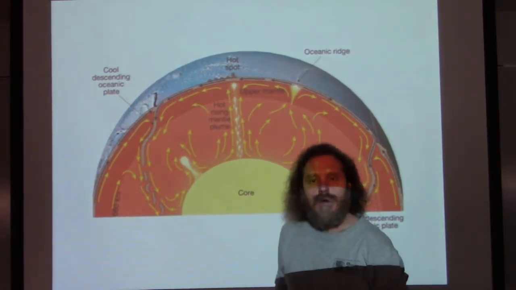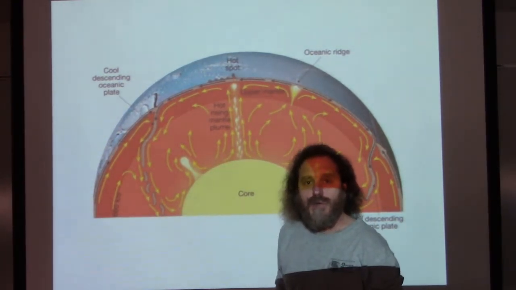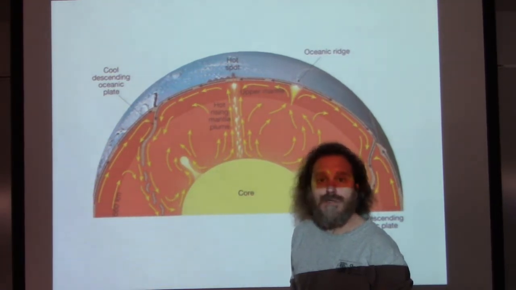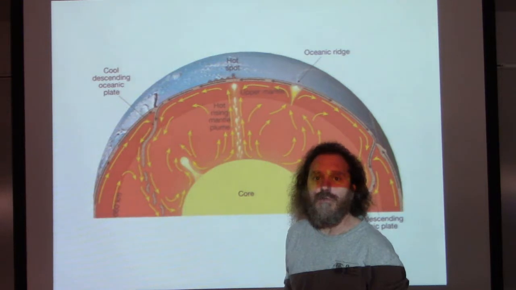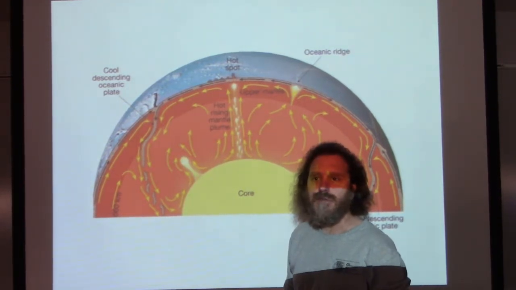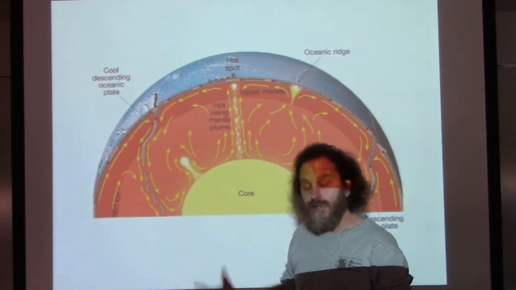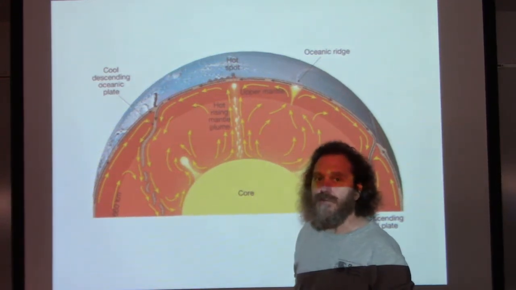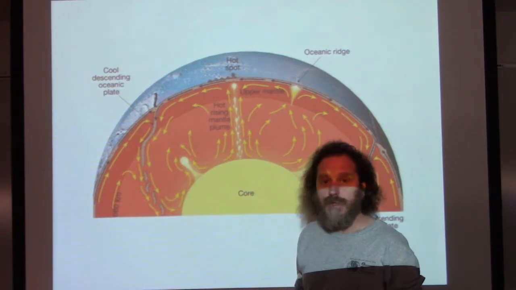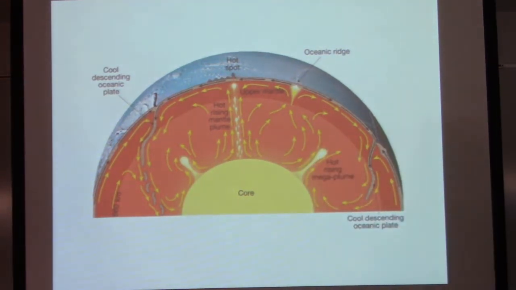So plate tectonics is caused by convection, and it's plate tectonics that's responsible for the existence of the continents. The Earth would be a big ocean if it weren't for plate tectonics, and it's also responsible for stabilizing the content of the Earth's atmosphere. So this is an example of convection inside the Earth that's very important for the habitability of the surface of the Earth.